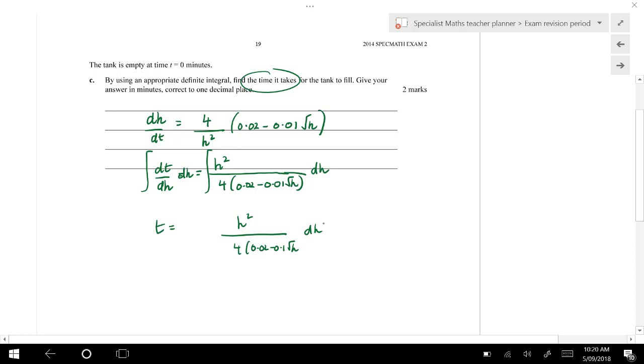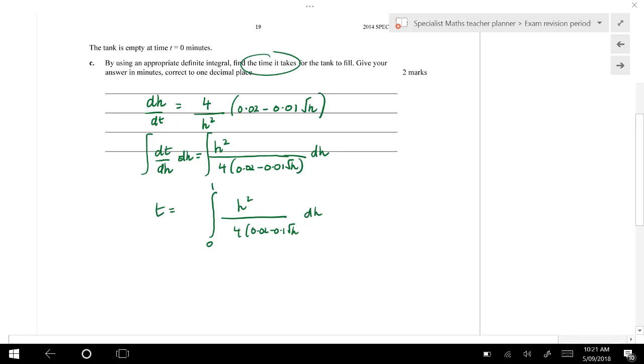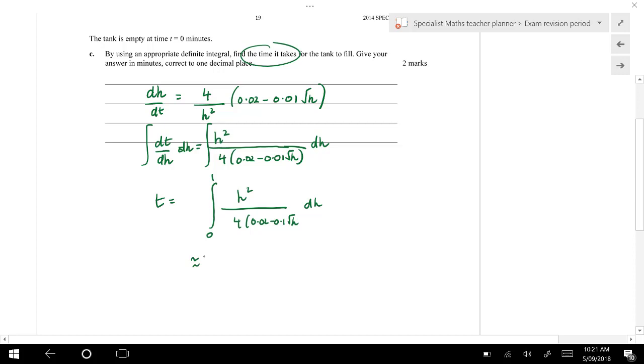By using it, find the time it takes for the tank to fill. Now, what is the total height? 1 metre, is it? 1 metre. So, therefore, that's going to give us the time it takes for the tank to fill 1 metre, which, when we evaluate in the calculator, is 7.4 seconds.